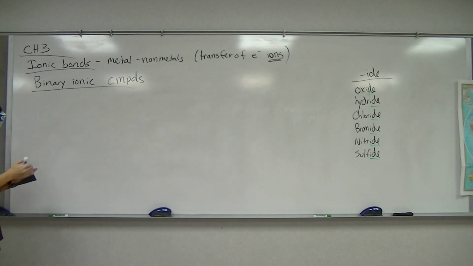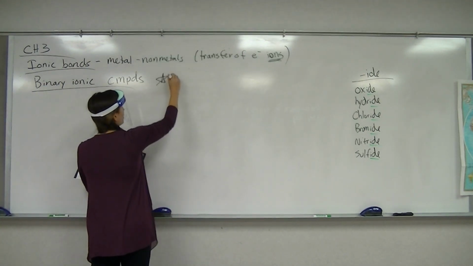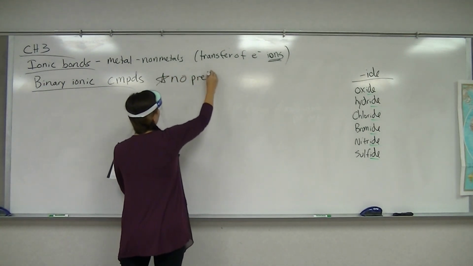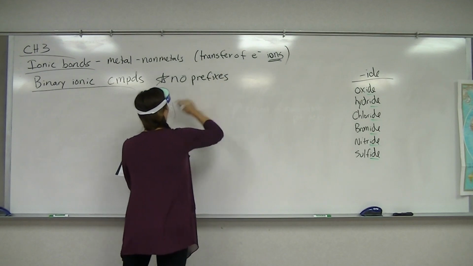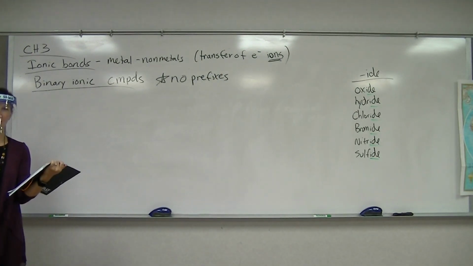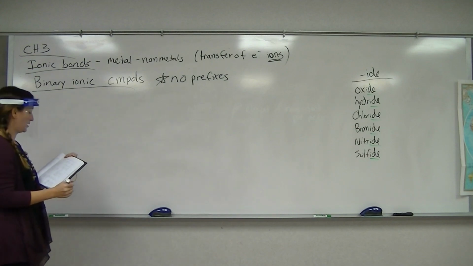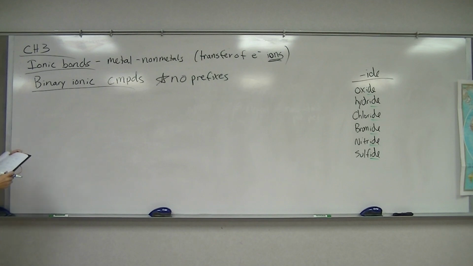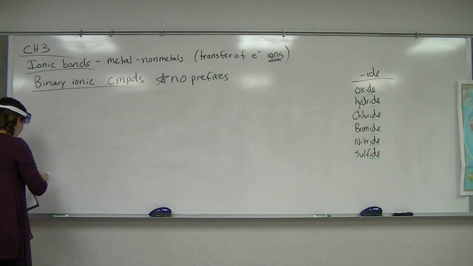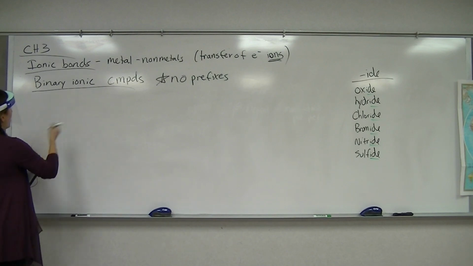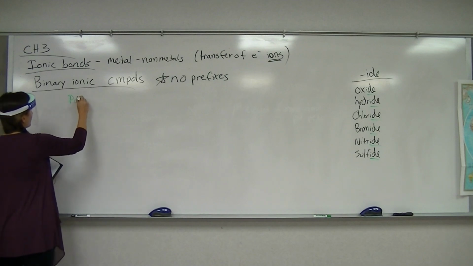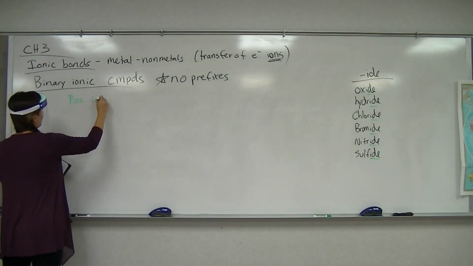All right, so first key, no more prefixes. Prefixes are only for covalent compounds. We're not talking covalent anymore, we're talking ionic, so I don't want to see any di, tri, tetra. All right? How are we naming them? We always name the positive ion first, or the cation portion.